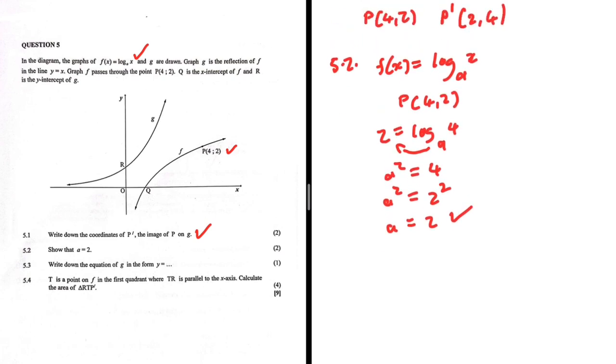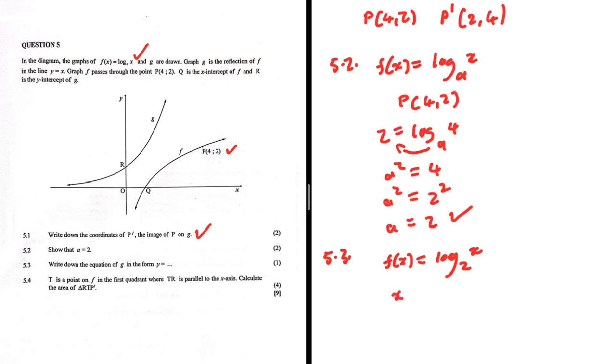5.3, on the other hand, let's take a look. Write down the equation of g in the form y equals. Like I've said, g is the inverse of f of x. So f of x is equal to, now that we know that a is equal to 2, log of x with base 2. In order to find g of x, we need to swap x and y and solve for y. So the first step, swap x and y.